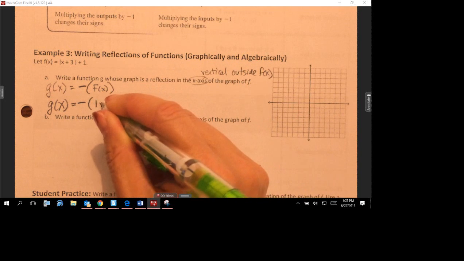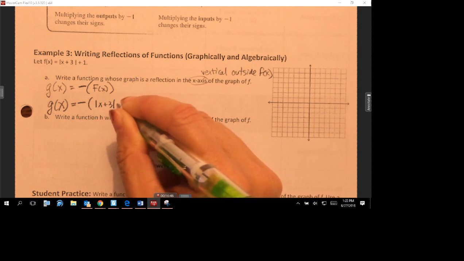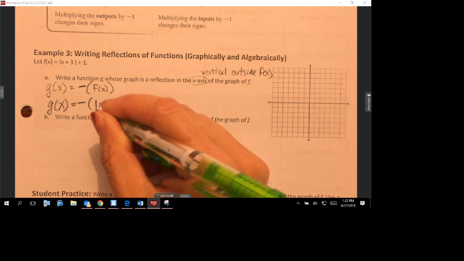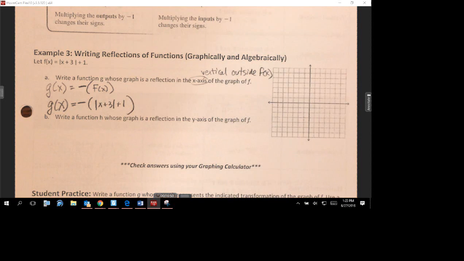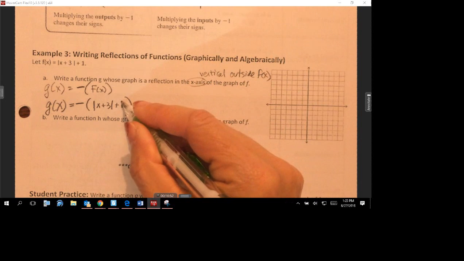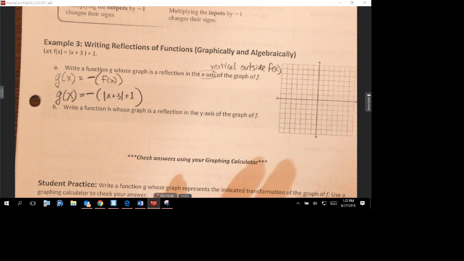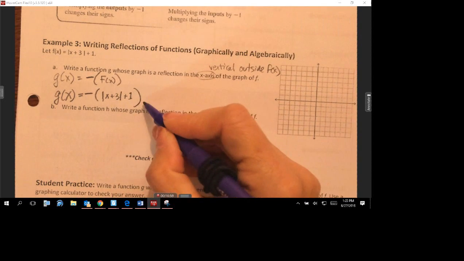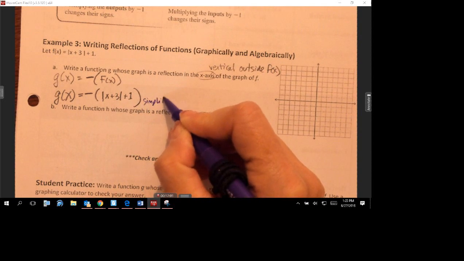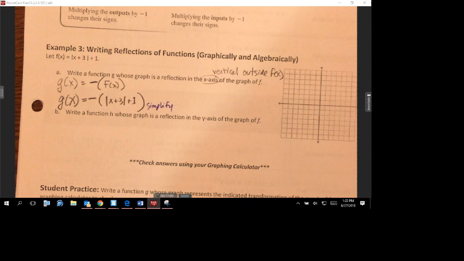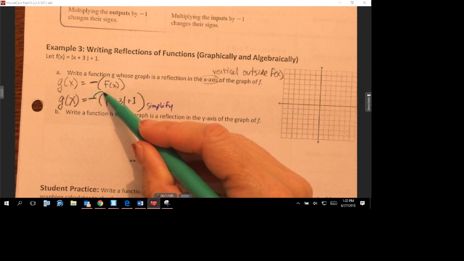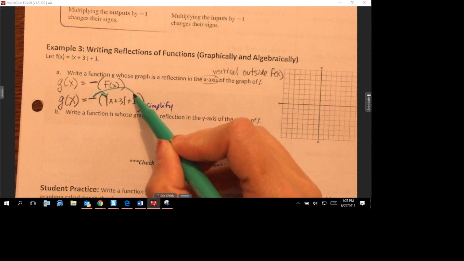So absolute value, x plus 3 plus 1, close parenthesis. And we will simplify this. We're going to simplify by distributing that negative sign to the absolute value and to the 1.